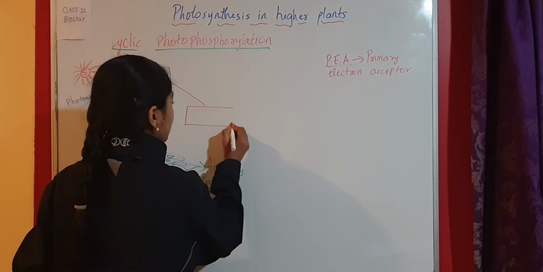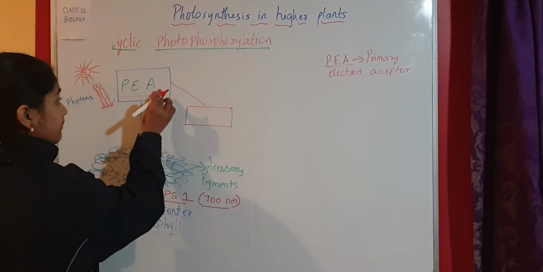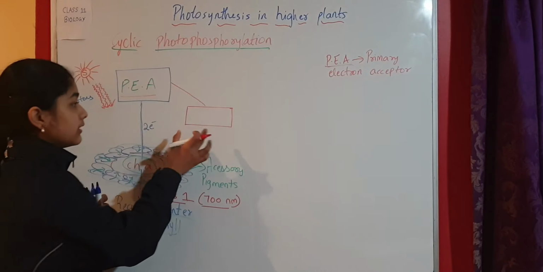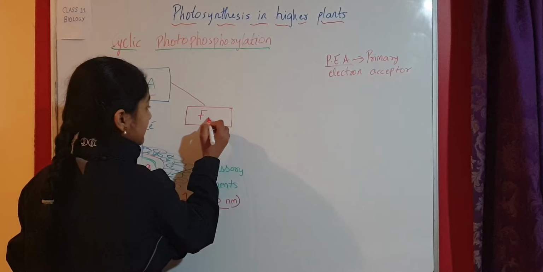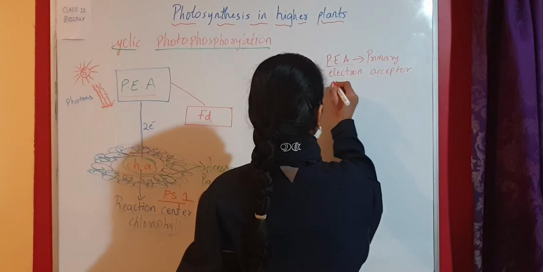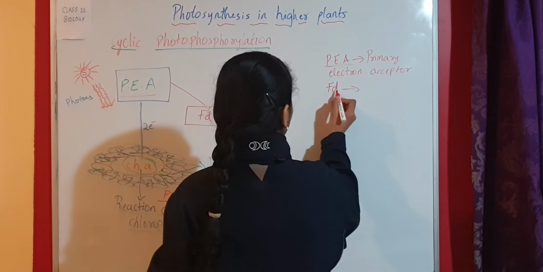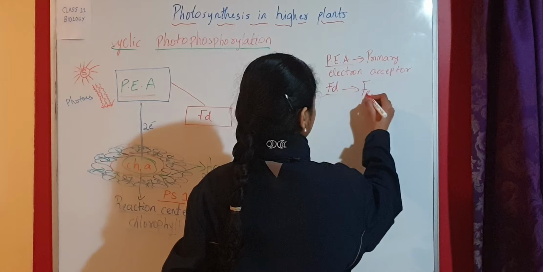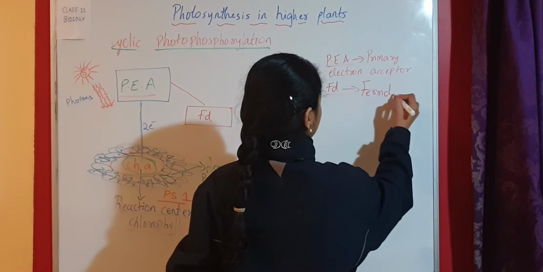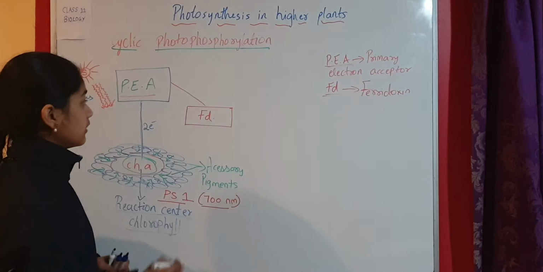From this main primary electron acceptor, there is one more electron chain, which has Fd as its electron acceptor. What is Fd again? Fd is ferredoxin. Ferredoxin is also a small electron acceptor which is present here.